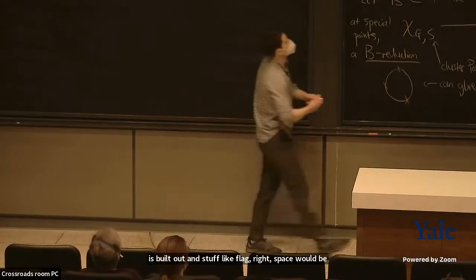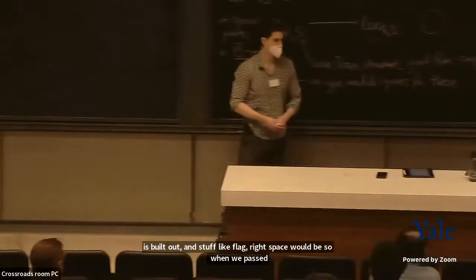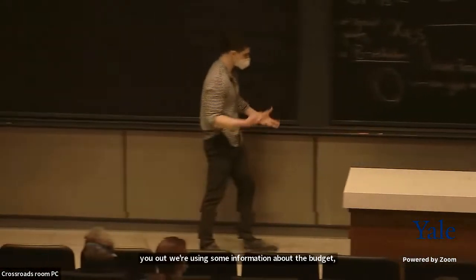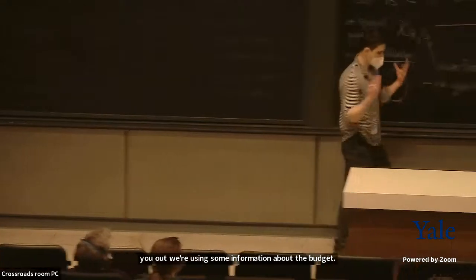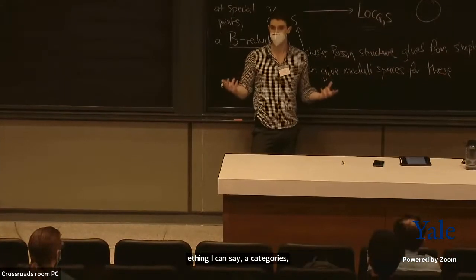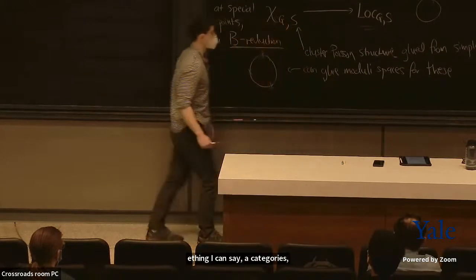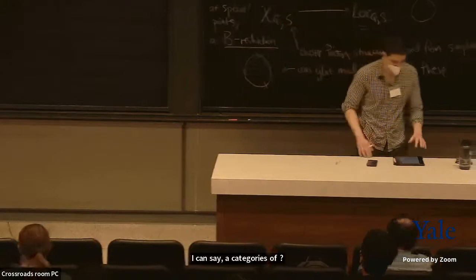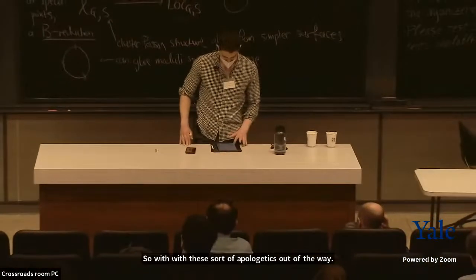So when we pass to algebras of global functions, we're losing some information about the moduli. And so perhaps it would be better to work, rather than with algebras of functions, with something like categories of coherent sheaves.